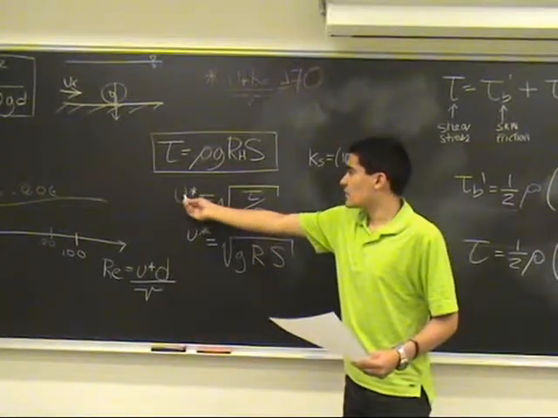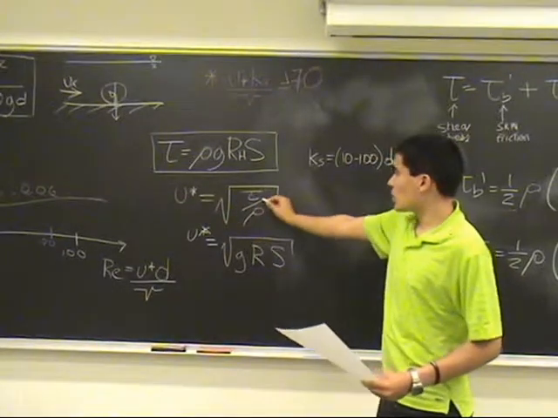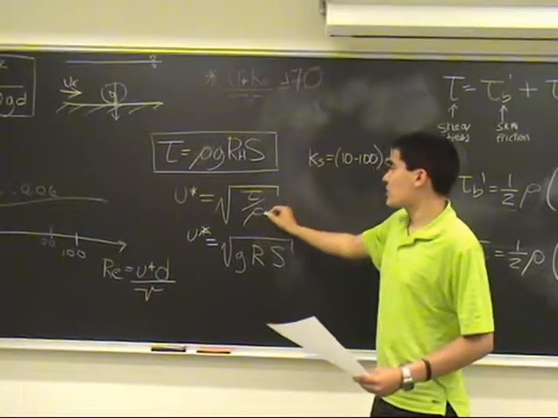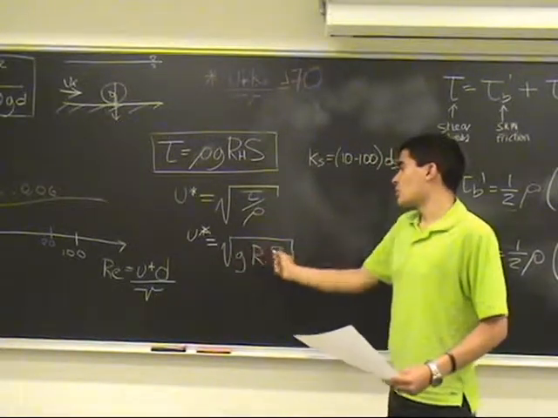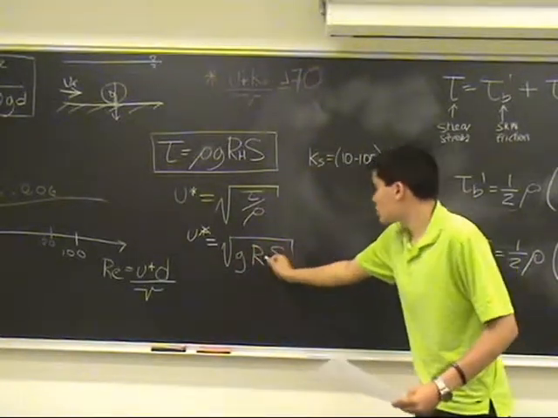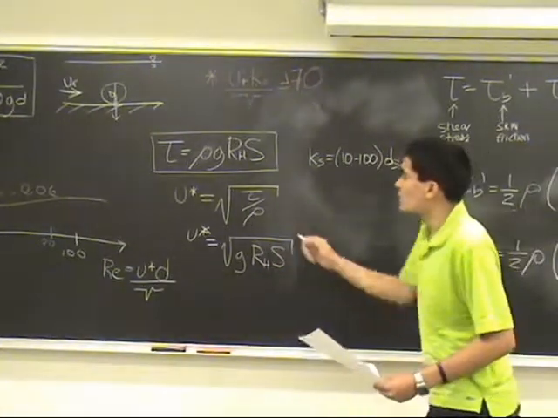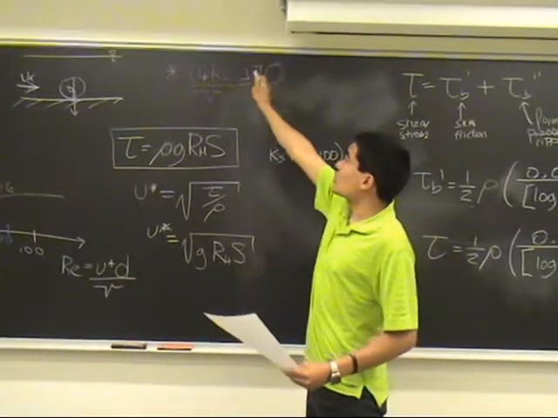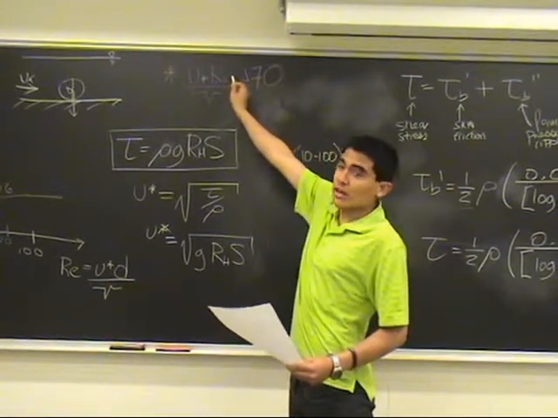How? Because the friction velocity, U star, equals the square root of the shear stress divided by rho. And what is that? We know this equation. That is just basically the square root of G R H S. It's just a rough approximation of the friction velocity. After that, we need the roughness of the channel we're talking about.